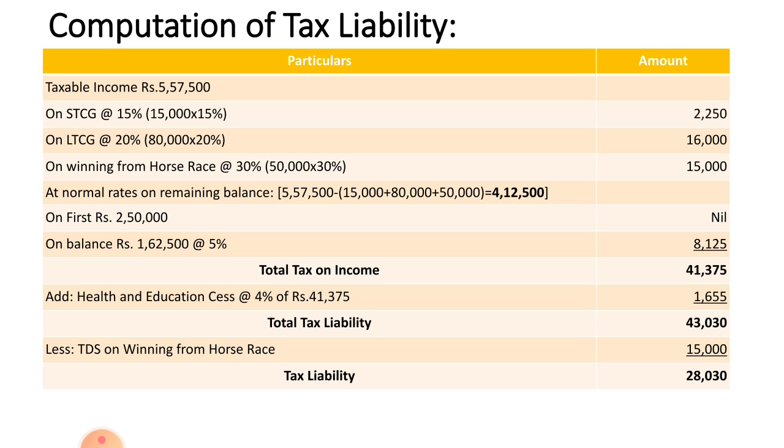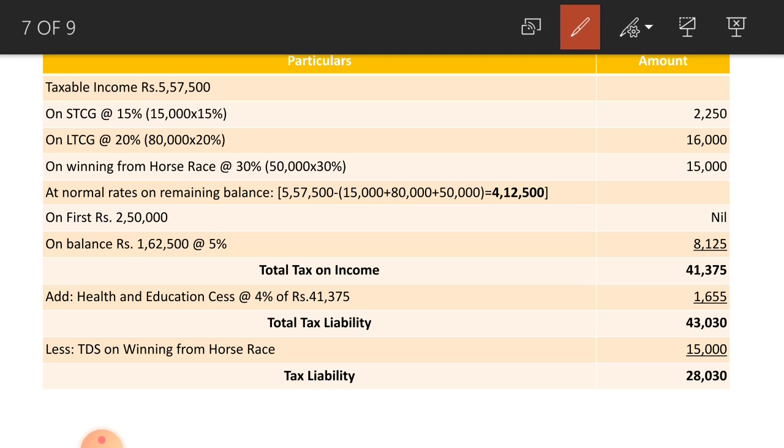See, computation of tax liability. Taxable income 5,57,500, but on short term capital gain at 15%, long term capital gain and winning from horse race, you have to pay tax separately with the respective percentage. That is, on short term capital gain at 15% amounts to 2,250.